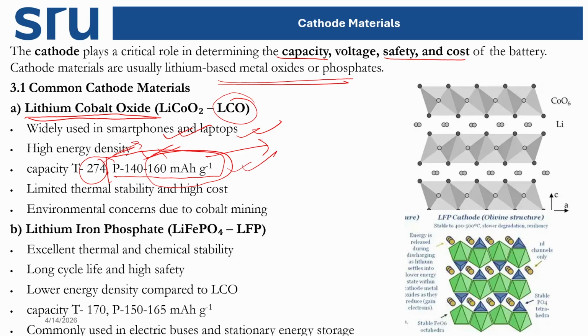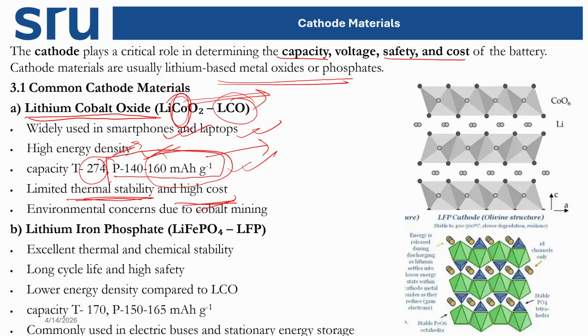This compound has very limited thermal stability, meaning during heating this compound breaks down or sometimes catches fire. So this is one red flag for LCO, that it is not that thermally stable, and the cost is higher. Because in this compound there is cobalt, and because of the cobalt the cost is very high.